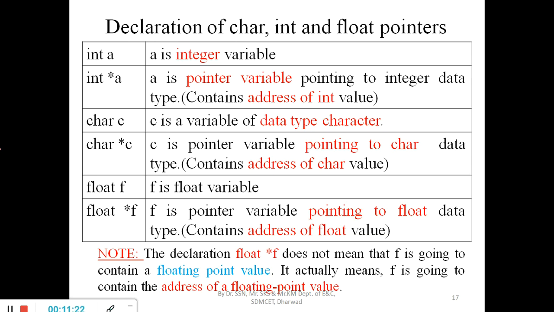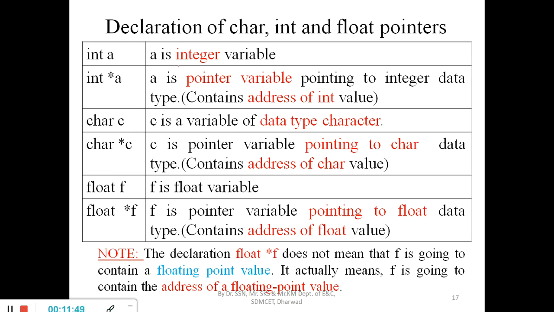Now, is it possible to declare a pointer variable as a float, an integer or a character? In the previous case, you have learnt how to declare a pointer variable only as an integer. Now, let us see whether it is possible to declare the character c and character star c here.